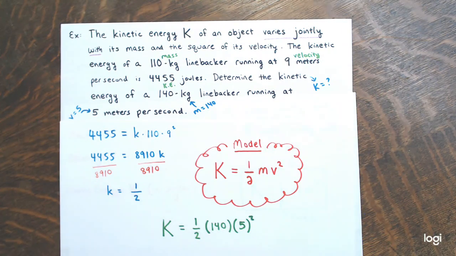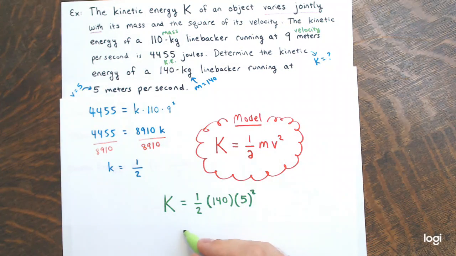Okay, so simplifying this, this is half times 140 kilograms. Then the velocity squared, that's 25. All right, and then we multiply here. Now half of 140 is 70, and then 70 times 25.